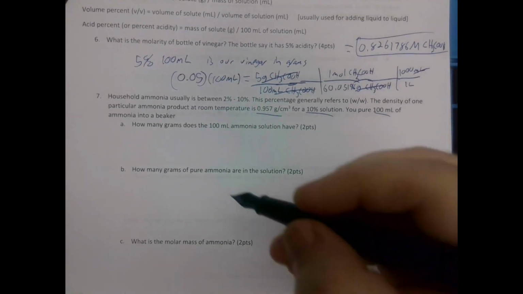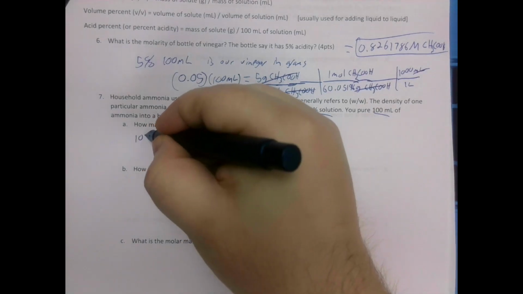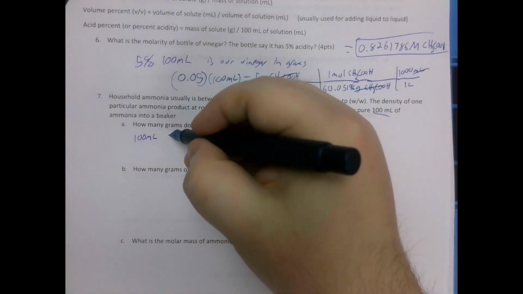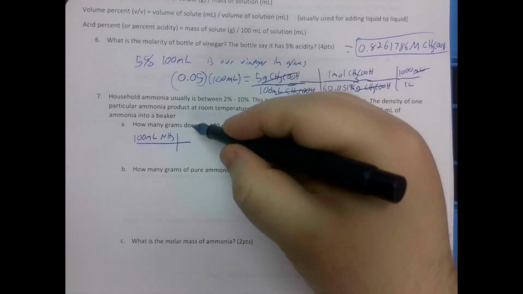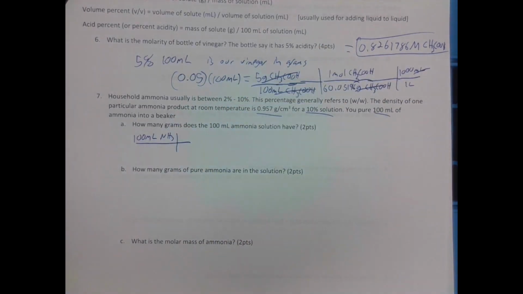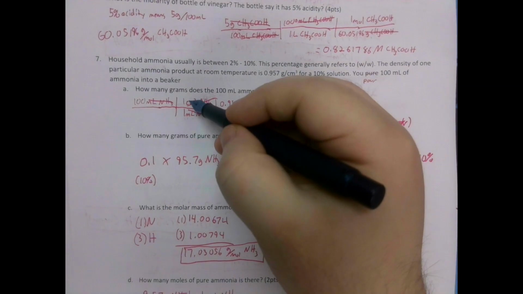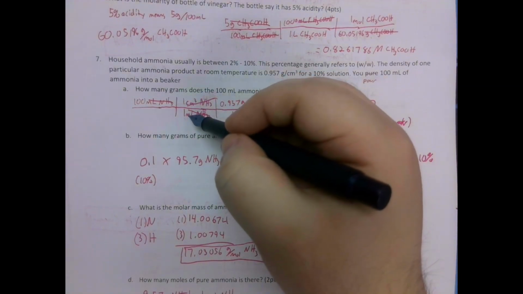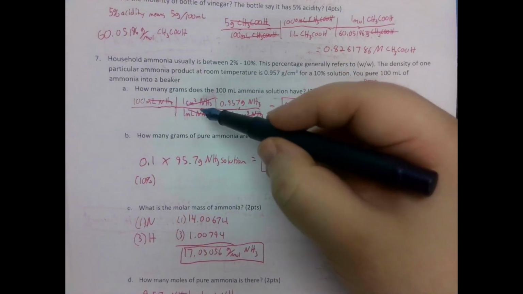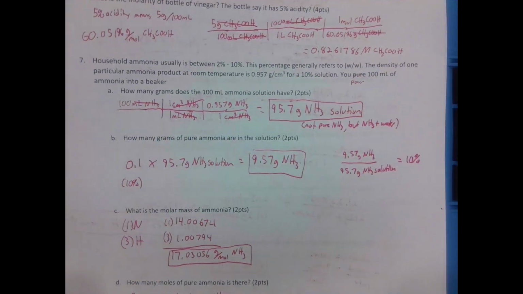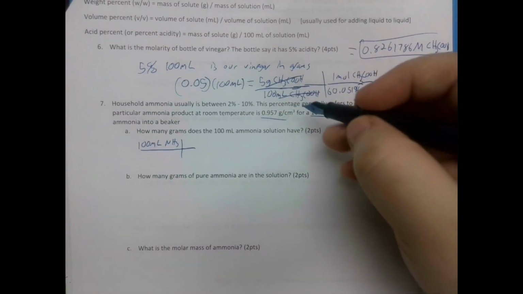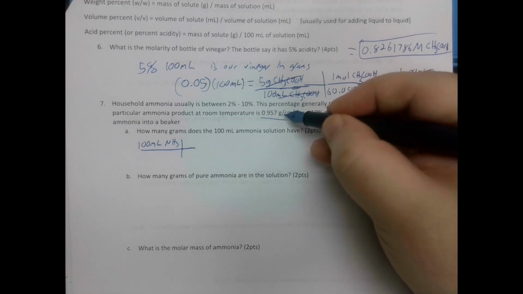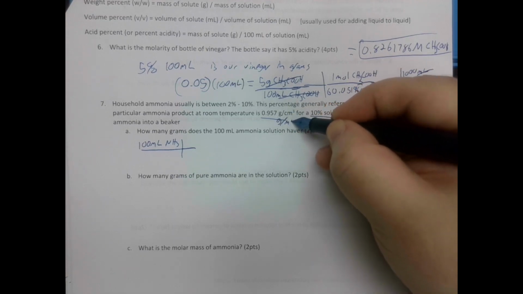So start with 100 milliliters of NH3. And personally, I even went ahead and did 1 cubic centimeter per 1 milliliter, to cancel out milliliters. But you should also know that grams per cubic centimeter is the same thing as grams per milliliter.